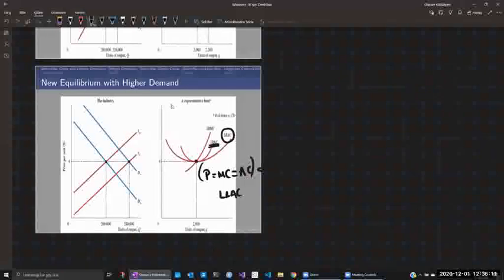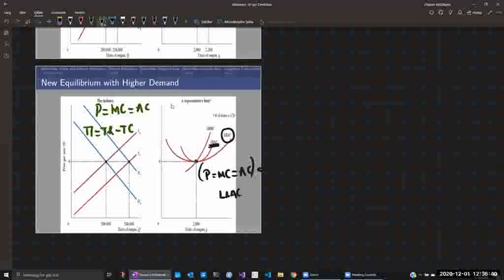What happens if the price is equal to average cost? I know that in a perfectly competitive market, price has to be equal to marginal cost. But in the long run, I also know that price is equal to average cost because it corresponds to this minimum level. And remember that profit is given by total revenue minus total cost, right?